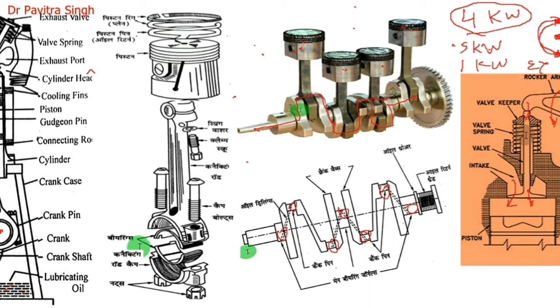This push rod is connected with this rocker arm, and this end will be pushed in the upward direction, then this end will be pushed vertically downward, then this spring-loaded valve will be pushed vertically downward. Due to pushing of this valve, the intake air-fuel mixture will enter this combustion chamber. So this was the functioning of this valve mechanism.